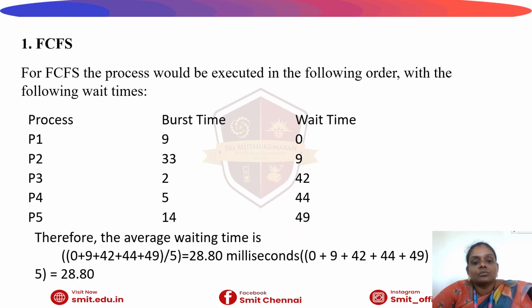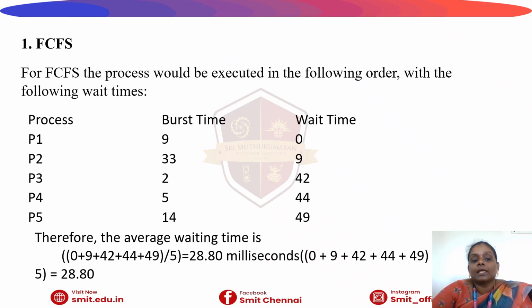To find the average time, first P1 enters and completes the process after 9 milliseconds, and then P2 enters. It completes the task in 33 milliseconds. Likewise, all the processes come and use the CPU.